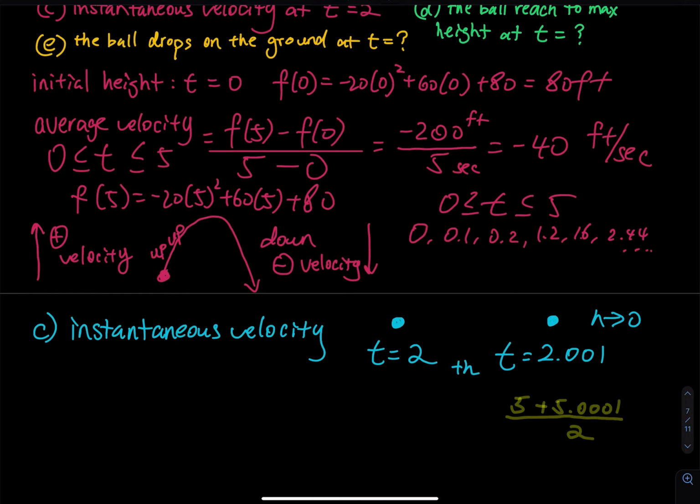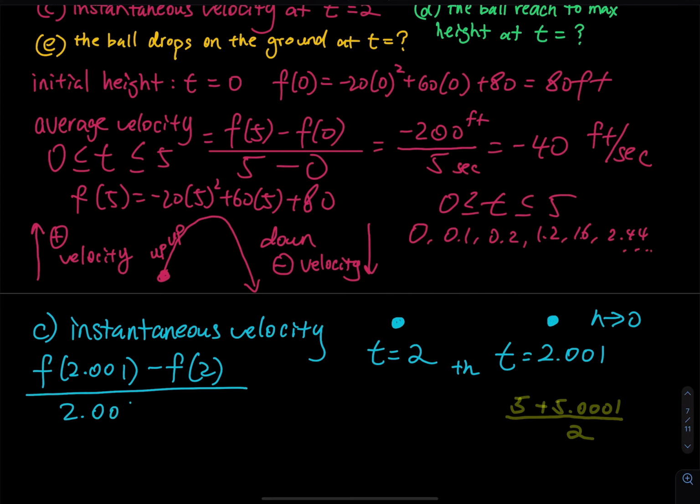Okay, so let's go. Then we will use the slope of a straight line, y2 minus y1 over x2 minus x1. So that will be f of 2.001 minus f of 2, which is y2 minus y1, and then divided by x2 minus x1.